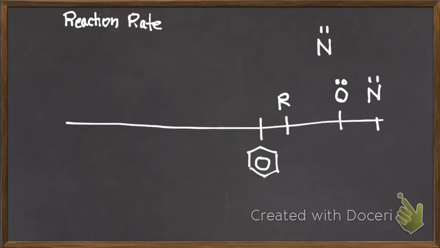Turns out it's a deactivating group. So if you put fluorine on this list, it's deactivating because its ability to draw electron density away from the ring is greater than its ability to donate it back. Okay.